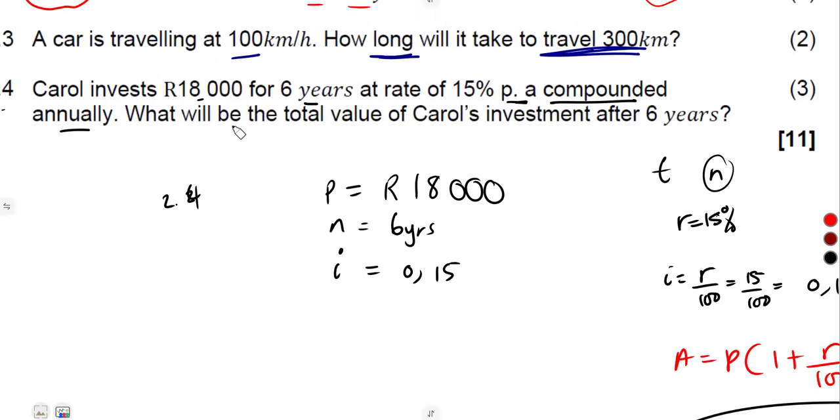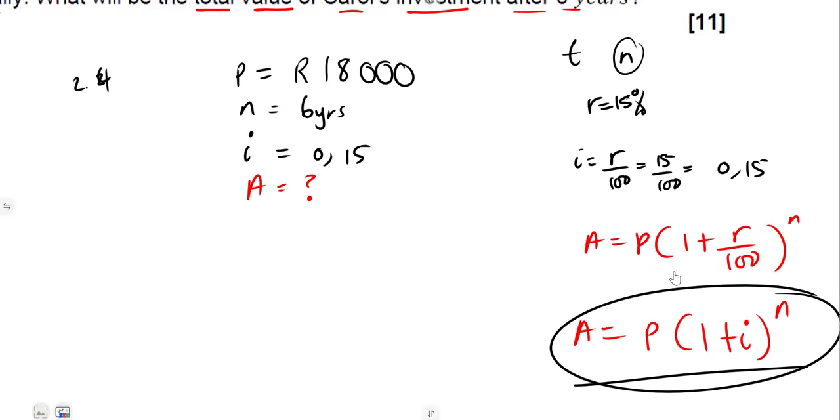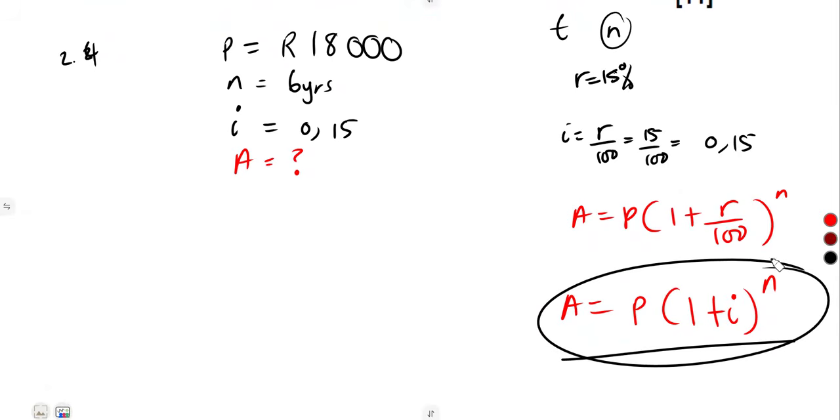What will be the total value of Carol's investment after 6 years? That is the accumulated amount after the number of years for that investment. But remember, it is under what? Compound interest. So you can use any of these two formulas. Like I said, I'm going to use the last one.